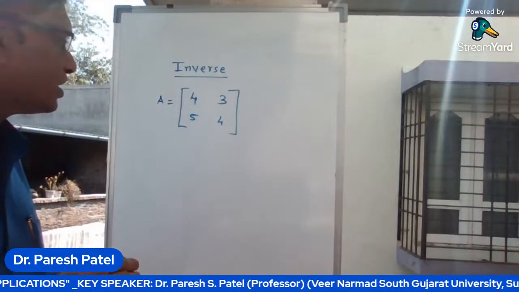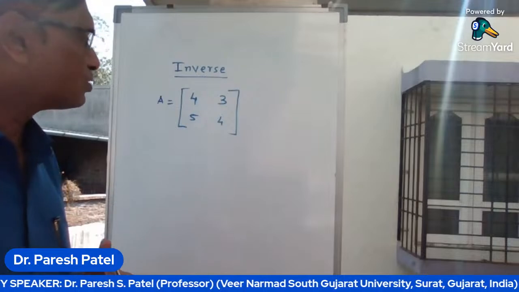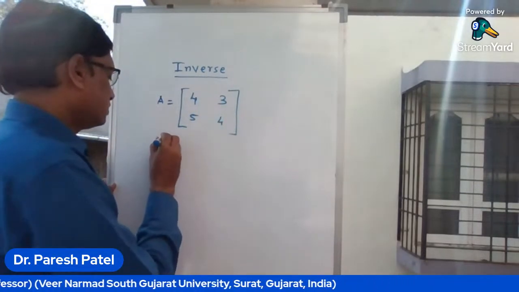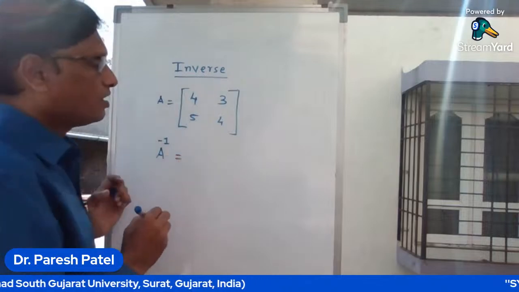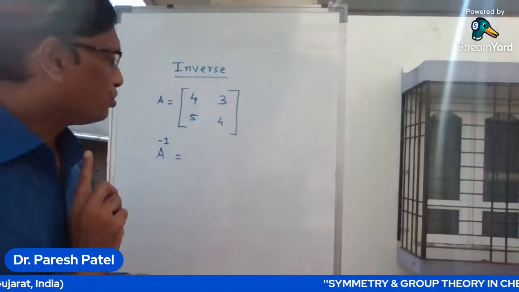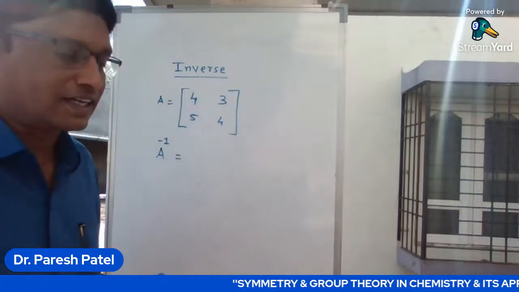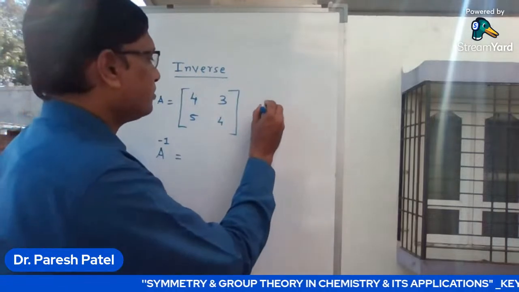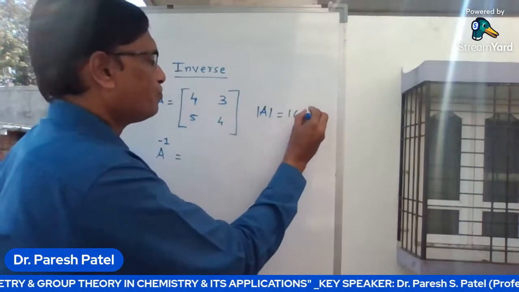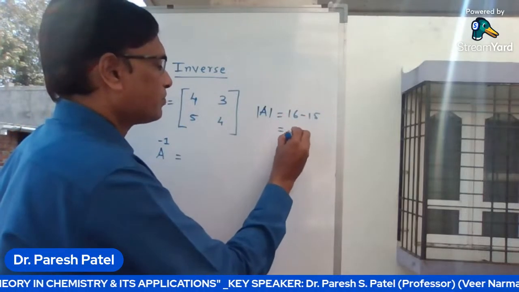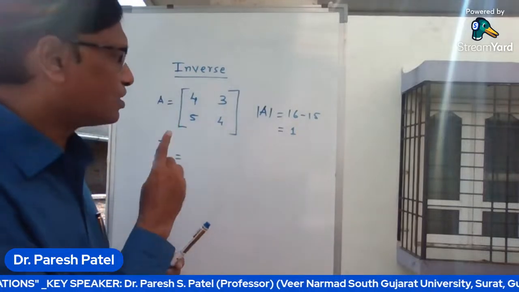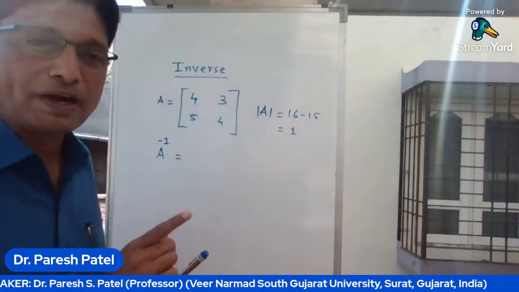Now how to find the inverse of this matrix, that is A inverse? It involves 4 stages. First stage, find the determinant of this matrix. We know that the determinant of this matrix is equal to 16 minus 15, which is equal to 1. This is the first step.